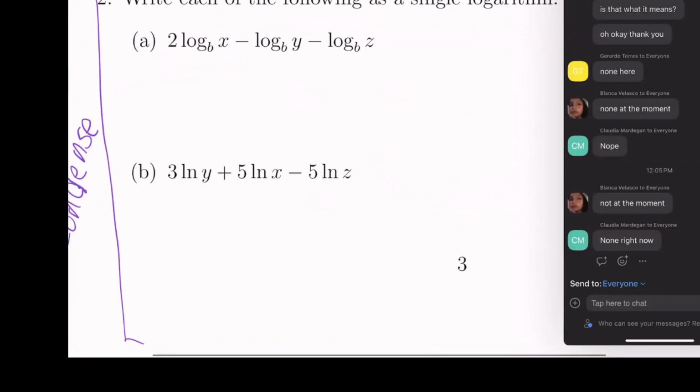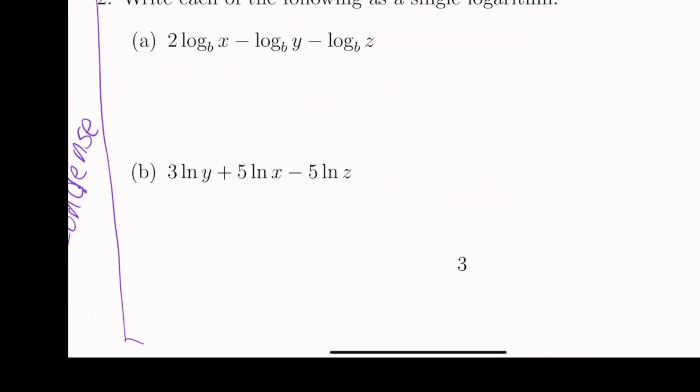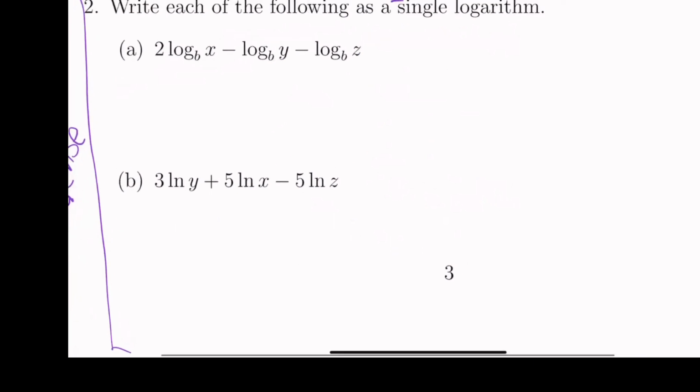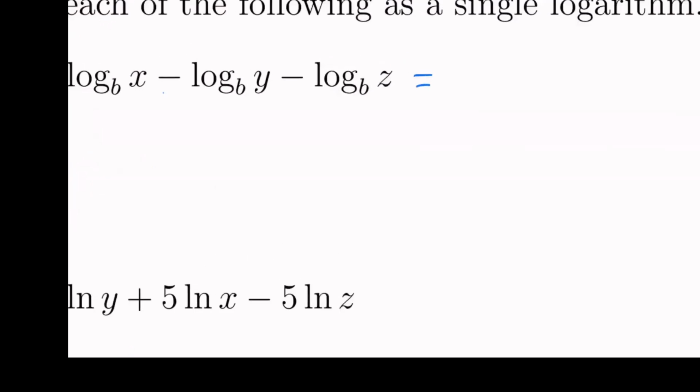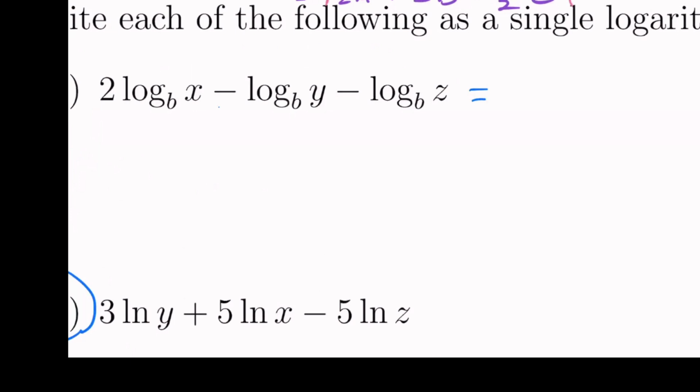Okay, putting them back together is a little bit easier. So for part A, actually I'm going to do part A, I'll leave B for workshop. So we have 2 being subtracted, they'll both go in the denominator, and then the first one will be the numerator. But I'm going to first move that coefficient back to an exponent.